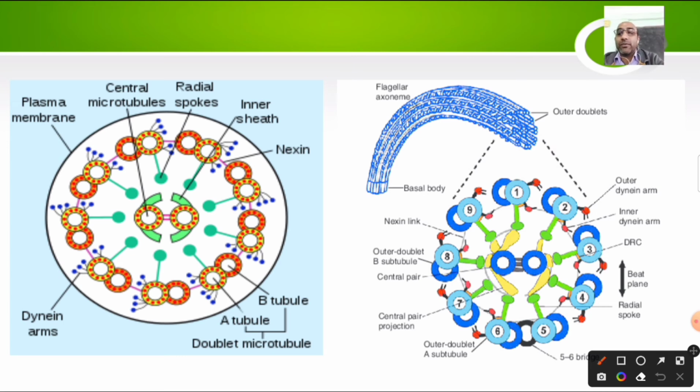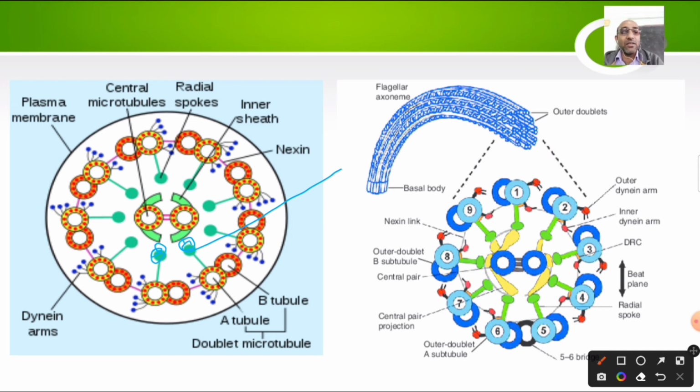Another thing we discussed is that the A tubule of the peripheral doublet microtubules is also linked to the central singlet microtubule by means of radial spokes. What are the radial spokes? This one is the radial spoke, so it is connected with it.